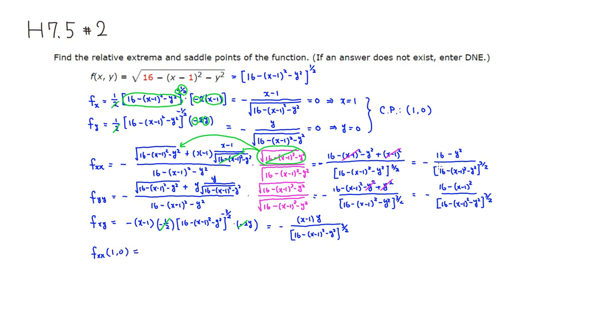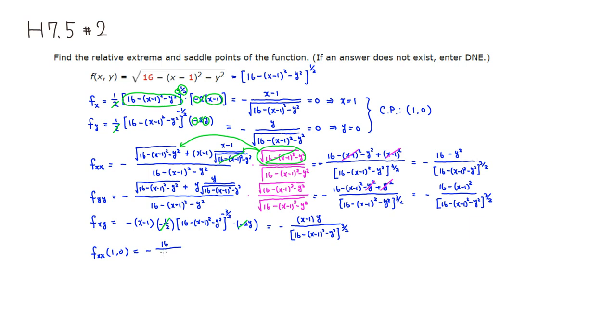You plug in 0 for y, so you have a negative 16 on top. Plug in 1 for x and 0 for y on the bottom, so you have 16. The square root of 16 is 4, and cubed is 64.